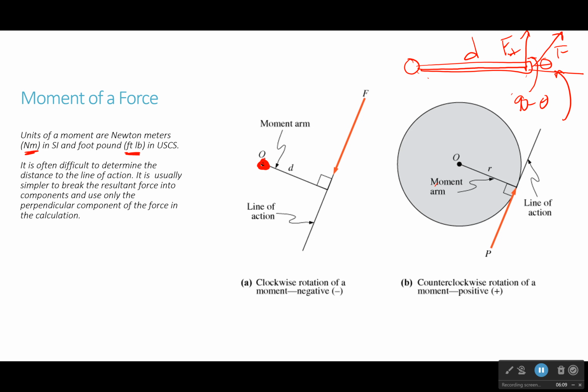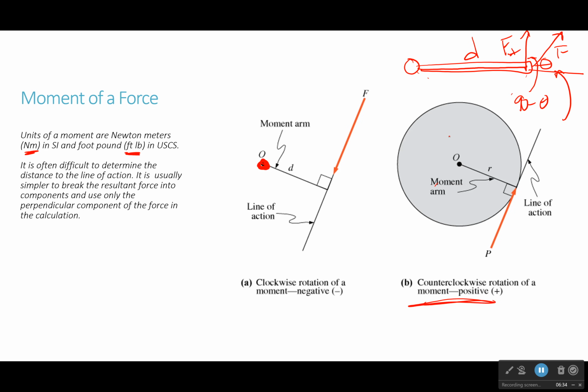It's coming straight at your face, and you are going to wrap your right hand around that beam of light so that your thumb is pointing at yourself. Okay, your thumb is pointing at yourself. And then look how your fingers curl. Well, they curl in a counterclockwise direction. So that is what's considered positive. A counterclockwise moment is positive.